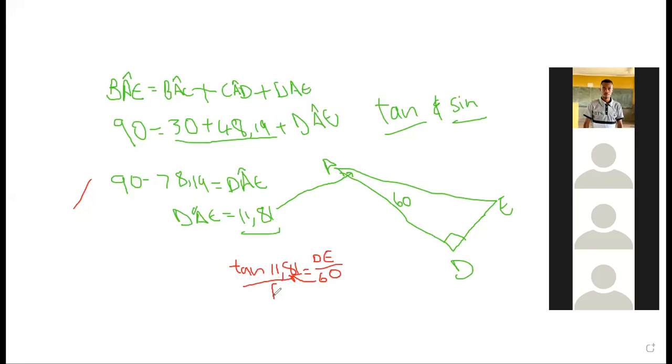This is all over 1. To show that we are cross multiplying all over 1, it's going to be DE is equal to 60 times 11,81.